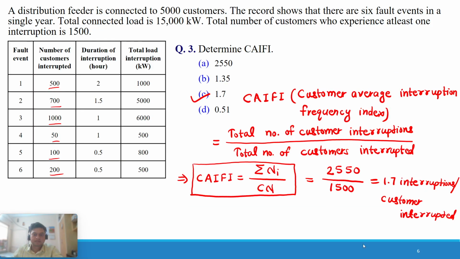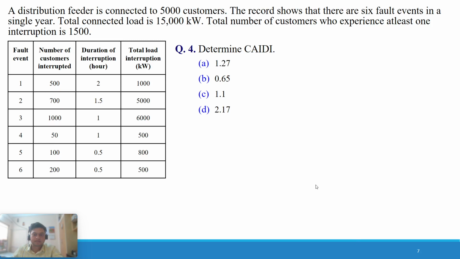And in the next problem, we have to determine the CAIDI. CAIDI is customer average interruption duration index.